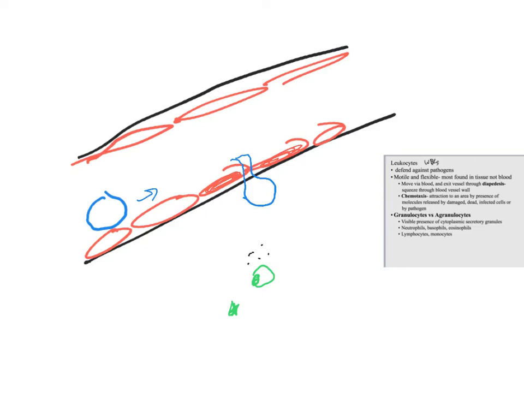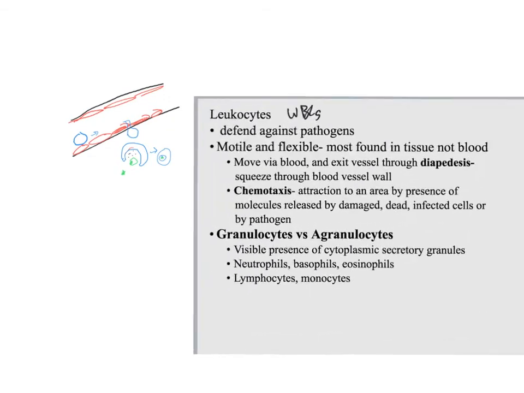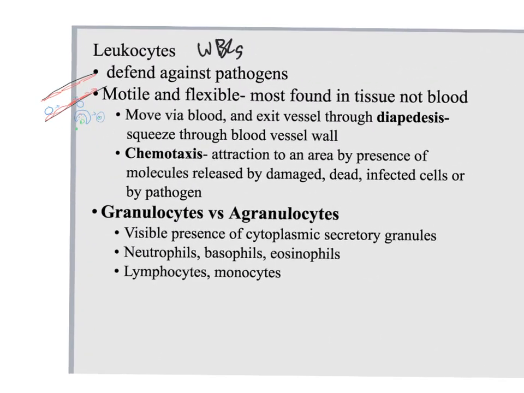They exit the vessel wall, and then they go into the tissue, eventually coming around here and engulfing, becoming a macrophage, engulfing the bacterium and digesting it inside a lysosome, and then removing the pathogen from the tissue. The process of attraction to that area by some chemical is called chemotaxis.